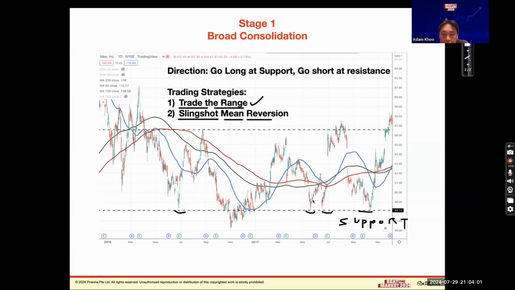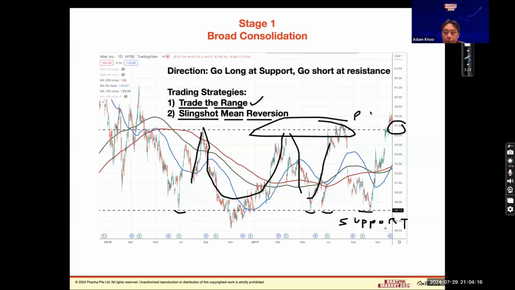And then every time the price goes up to a certain level, let's say in this case about 57, the price goes down again. Goes up near the level, goes down again. Why? Because this is called a resistance level or a supply zone. At 57, a lot of sellers are queuing up to sell at that price.